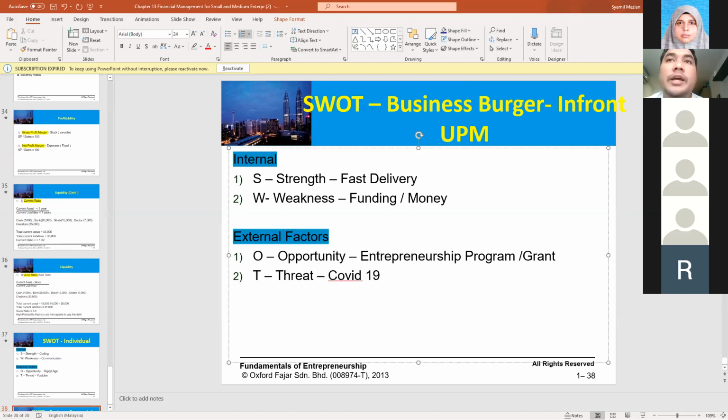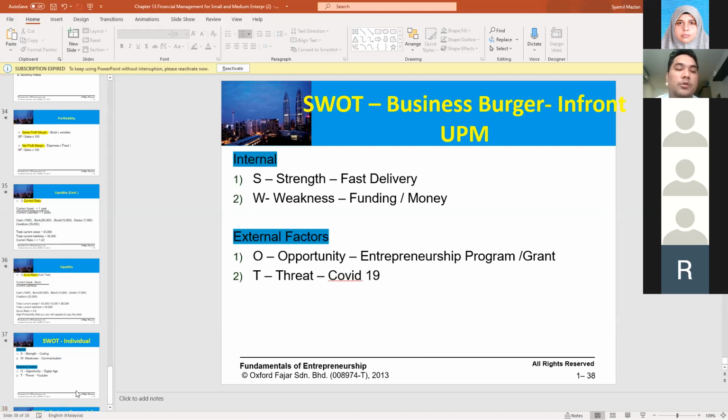Because during COVID-19, a lot of fresh graduate students did not get a job. So the students will go to the entrepreneurship program to get some funding. Okay, this is what you must understand about SWOT. S and W are about your internal, opportunity and threat are external factors.